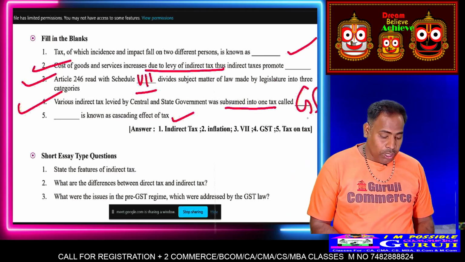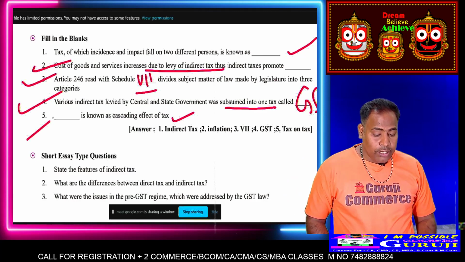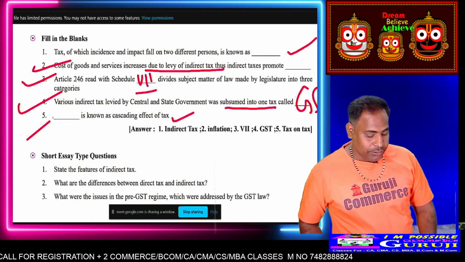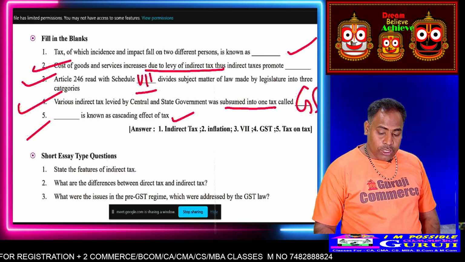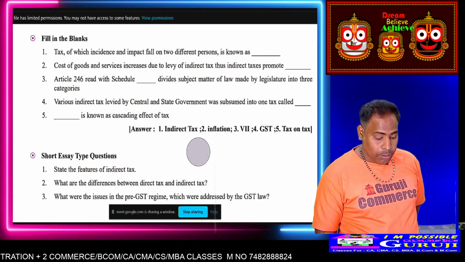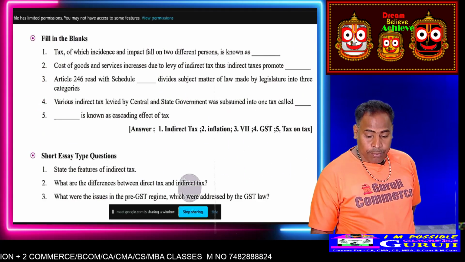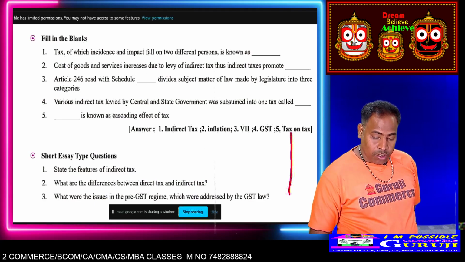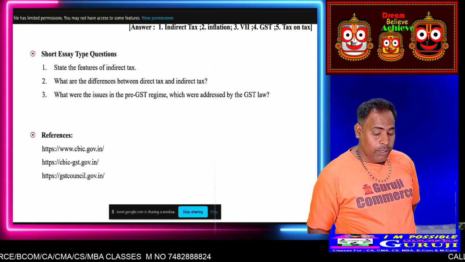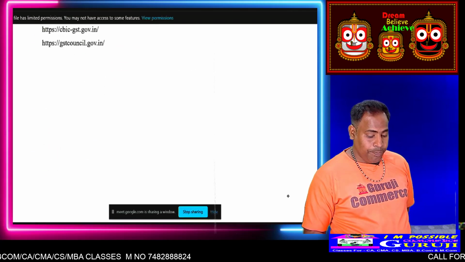Tax on tax is known as the cascading effect. Very good. In short notes you can get this. The questions may ask about the features of indirect tax, the difference between direct tax and indirect tax, and the issue of the pre-GST regime.